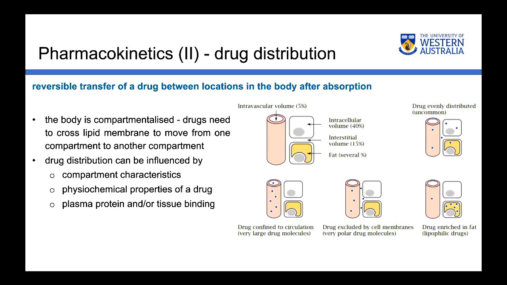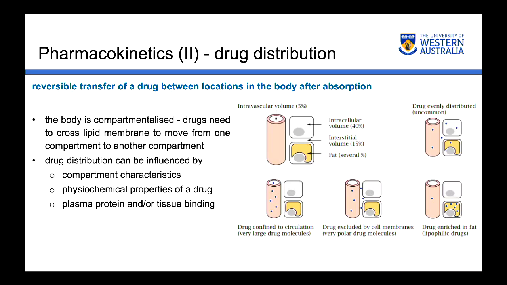So the second part, we can look at drug distribution. So again, the definition is provided at the top. Now it goes back to the point I mentioned earlier that the body is compartmentalized. So for a drug to move from one compartment to another, they need to cross cell membranes and layers of cell membranes. Now this shows a few examples of how drugs may be distributed into different body compartments.